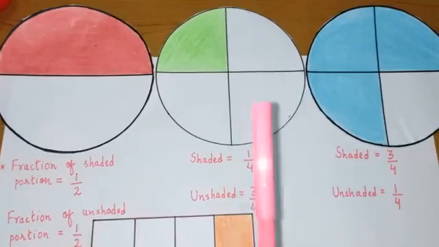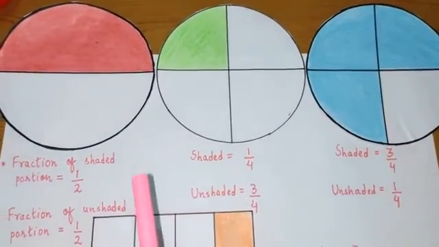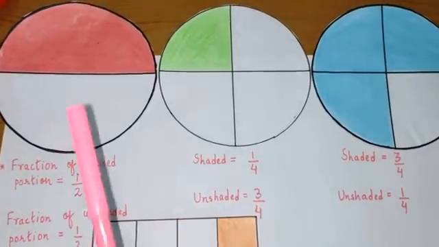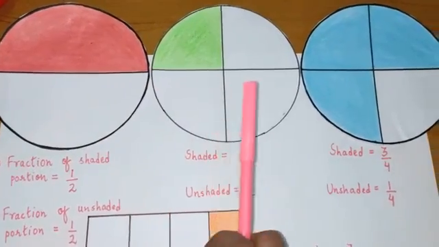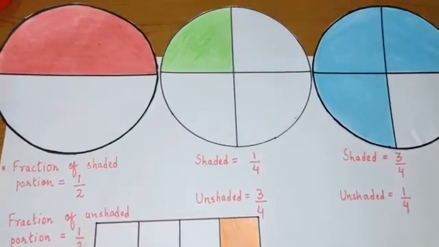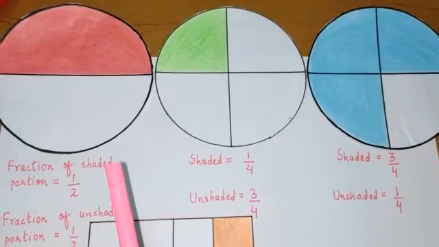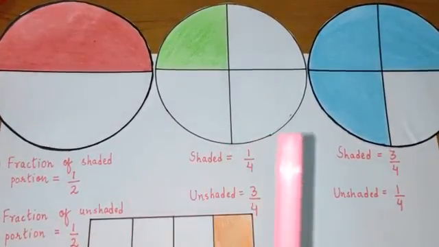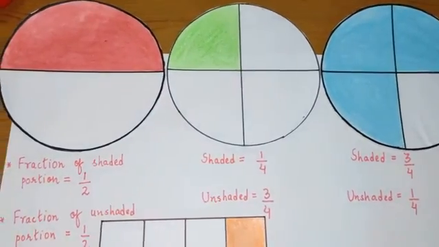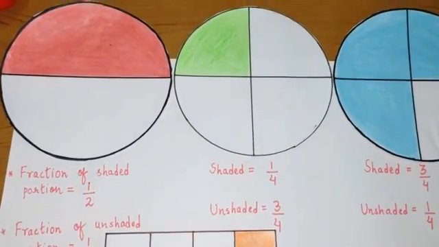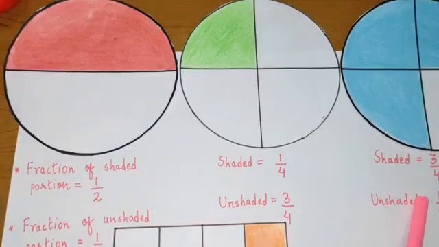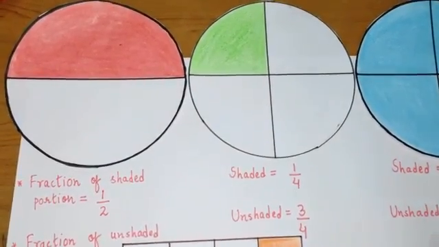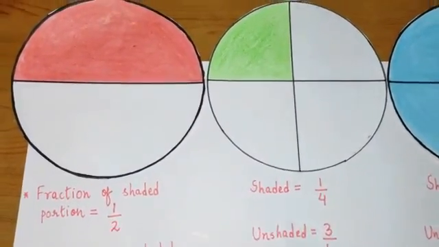The division is different in different circles, but as you can see, these circles are divided equally. Okay, you will not see dissimilar divisions. So let's take up each circle one by one and try to know more about fractions.